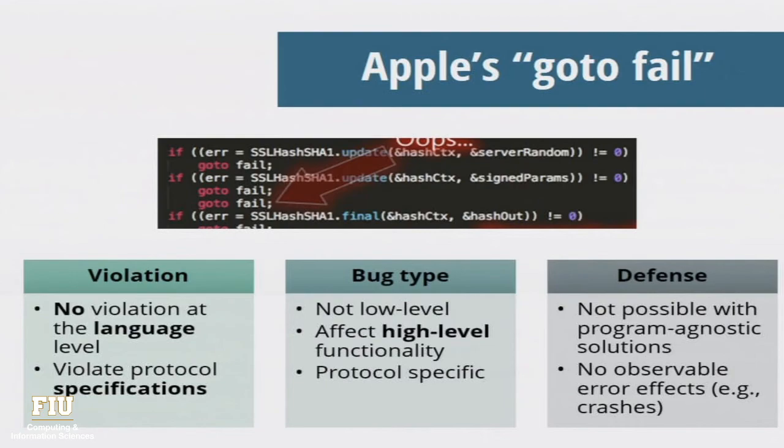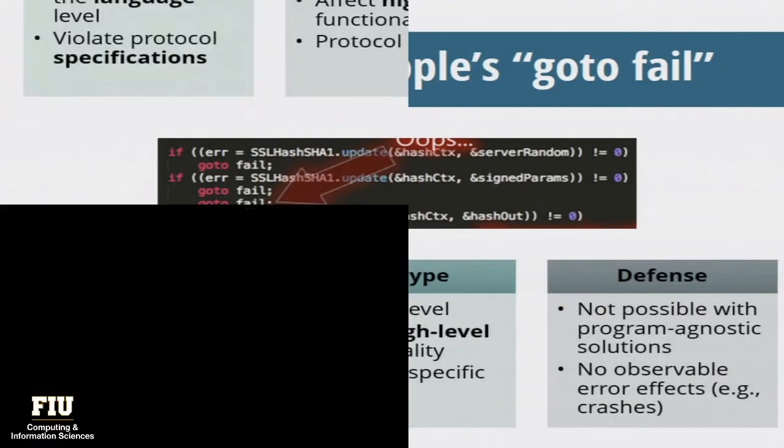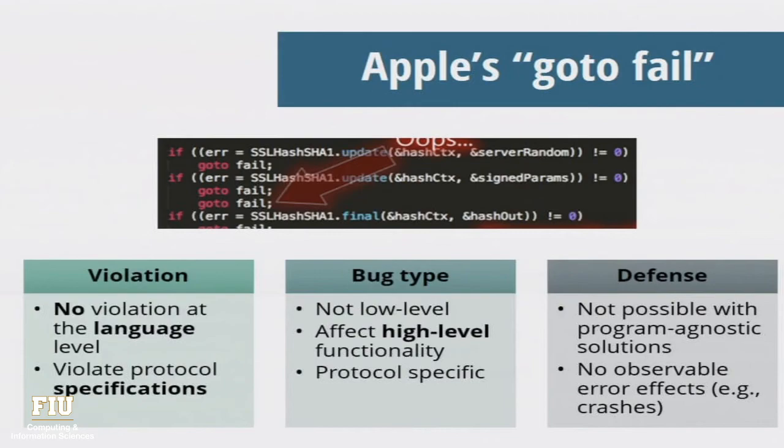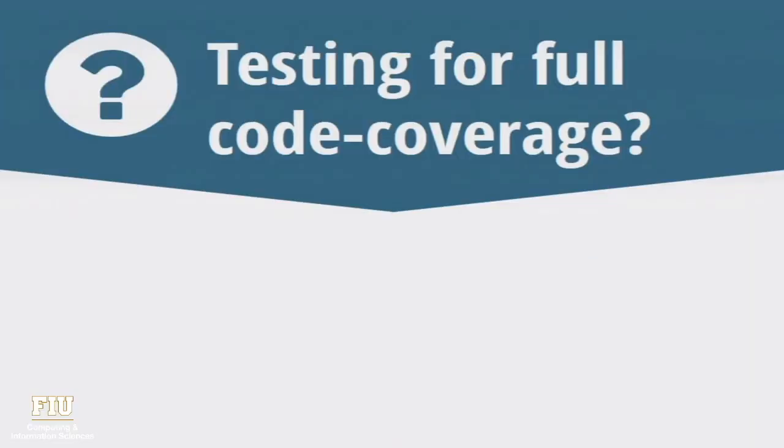And also, if you use fuzzing techniques that people use a lot for finding security problems, those will not even be helpful because they don't have any observable error effects, for example, a crash. So now you can ask, okay, what if we test this code utilizing test cases that ensure full code coverage, right?